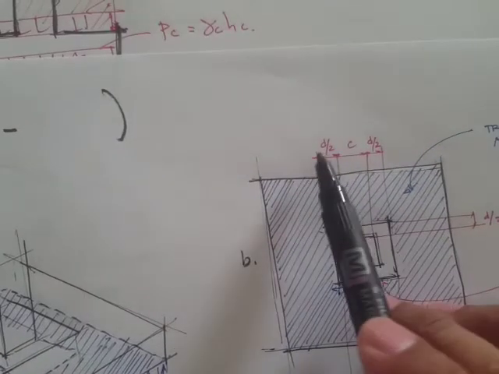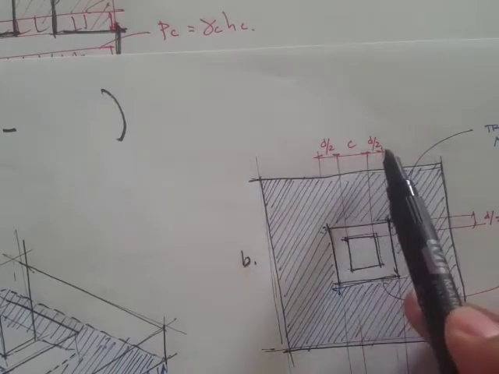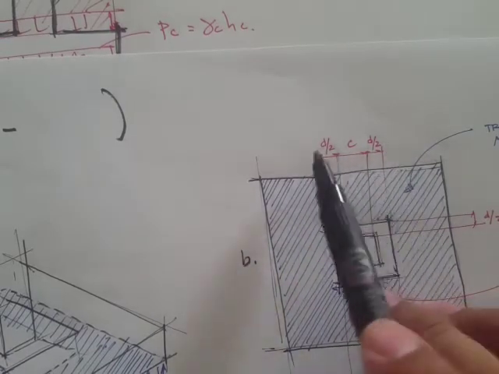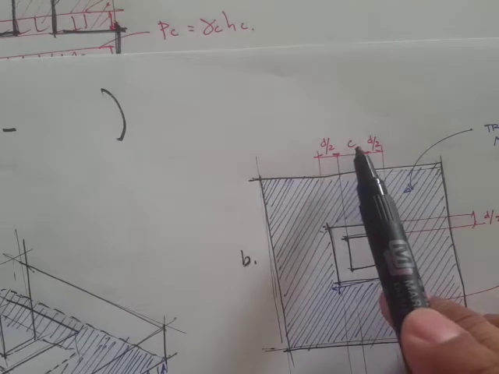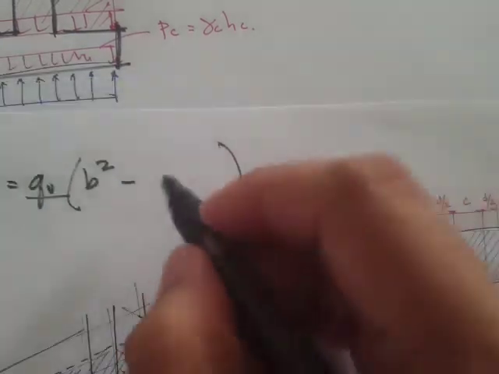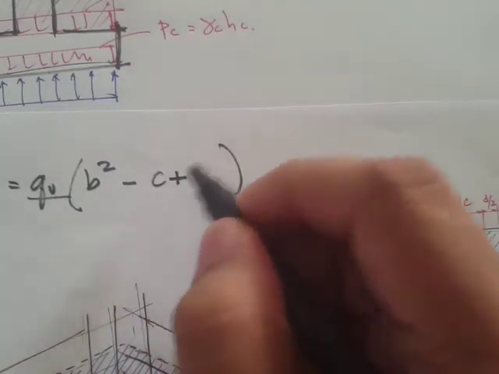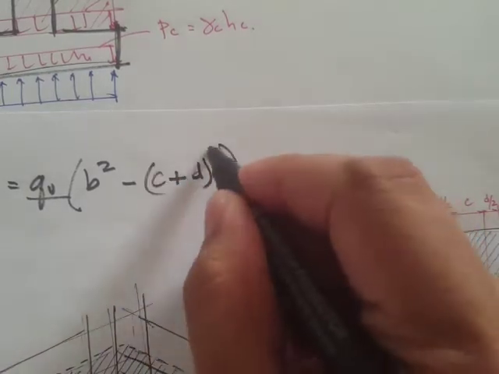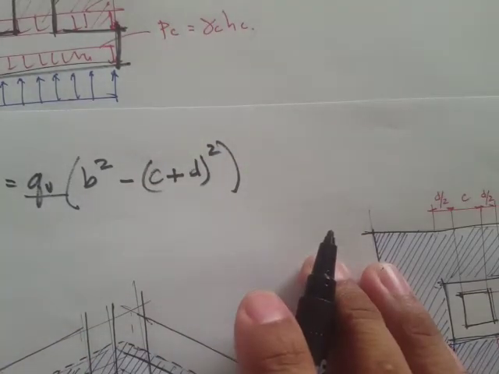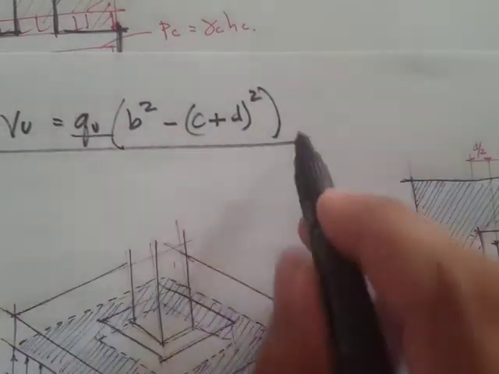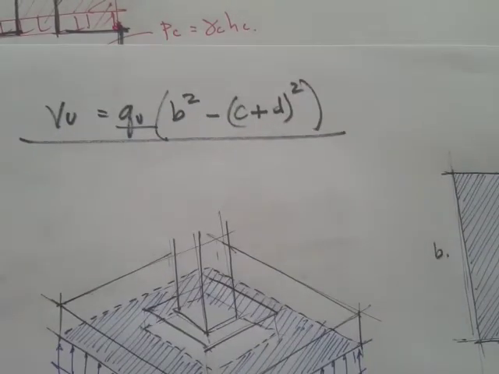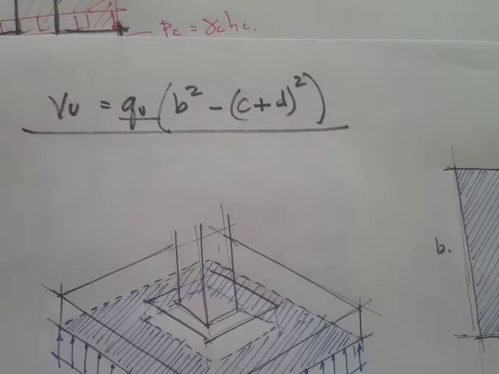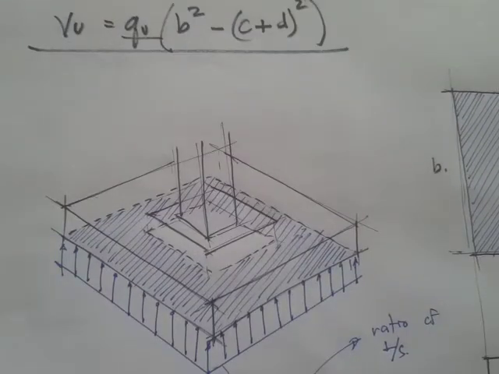Since the length of one side of the critical section is basically C plus D, it's going to be C plus D, squared. So that's going to be our equation for the two-way shear.